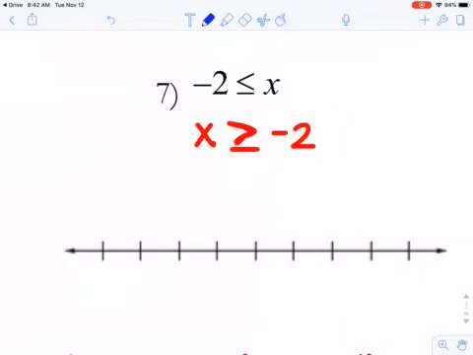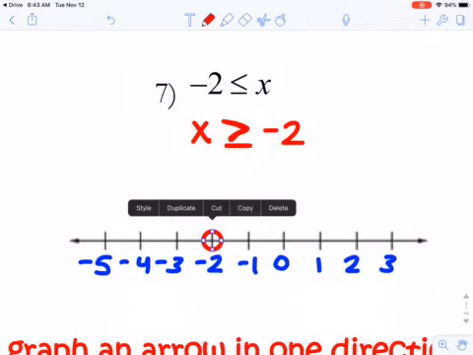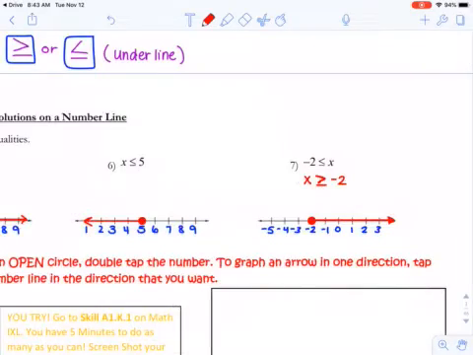Now this is -2, so I'll put -2 here. Okay, and again, this is going to be a closed circle because we are including the -2, or it's underlined, and greater than means numbers bigger than, which is going to go to the right. So there we have it.